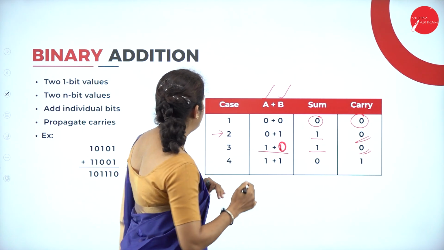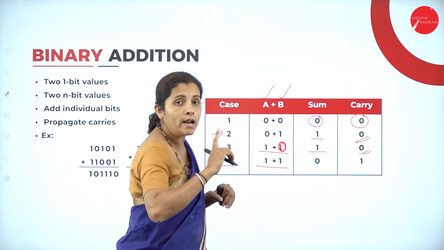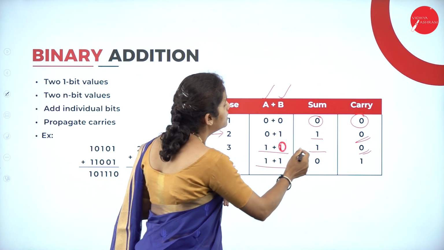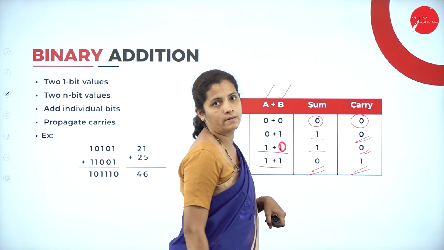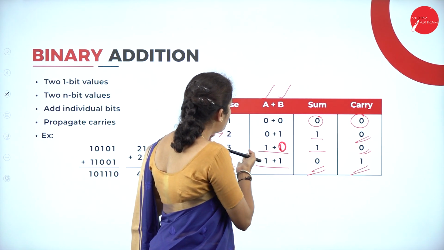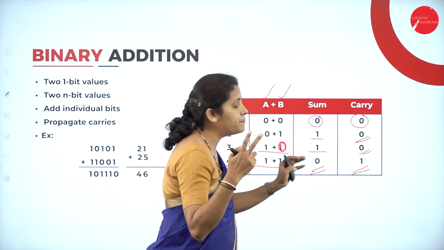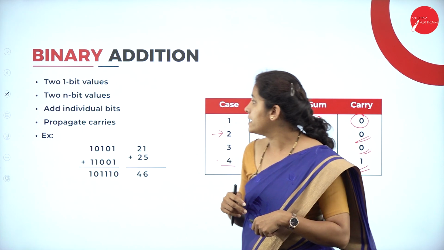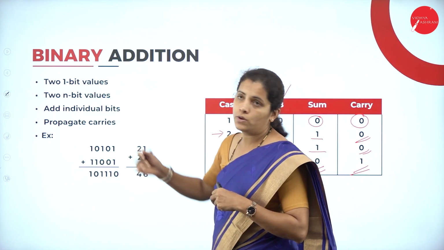The next possibility here it is, suppose if I have 1 plus 1, then the sum is 0 and the carry is 1. I repeat, suppose if I have both the ones, then the sum is 0 and the carry is 1. So, this is the actual procedure.